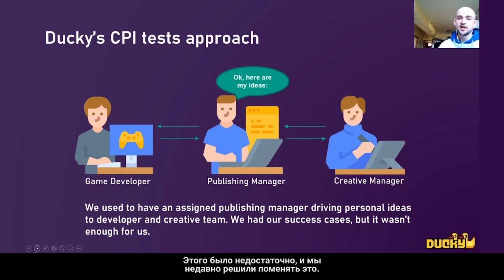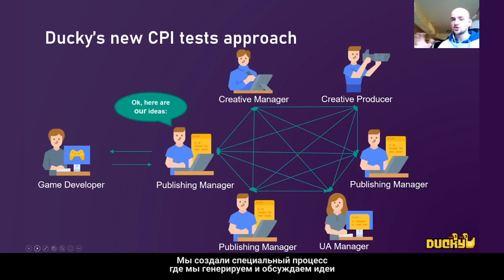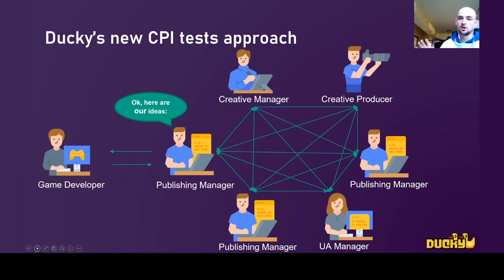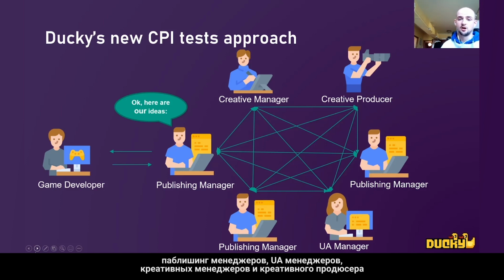Instead, we've created a special process where every time we want to brainstorm ideas on how to decrease CPI, we gather the team: all publishing managers, our UA managers, creative managers, and a special dedicated person, the creative producer, who is also responsible for decreasing CPI.